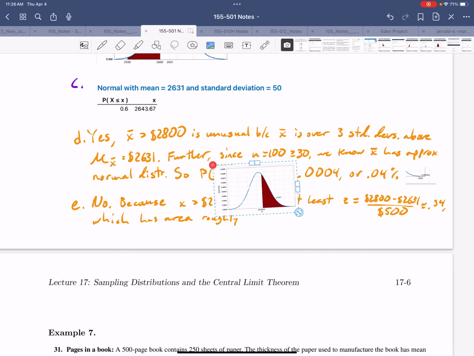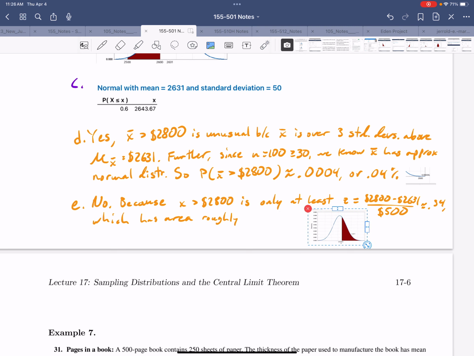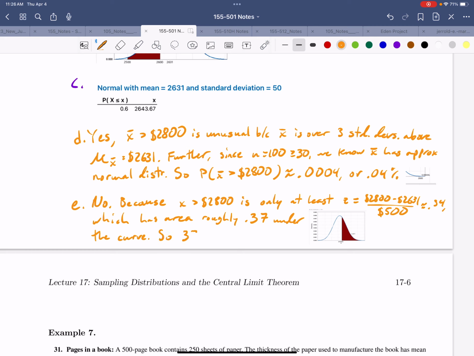Roughly 0.37 under the curve. So there's a 37% chance that a single apartment is greater than 2800. So maybe I could say the probability that x is greater than 2800 is roughly 0.37. Not so unusual, right?